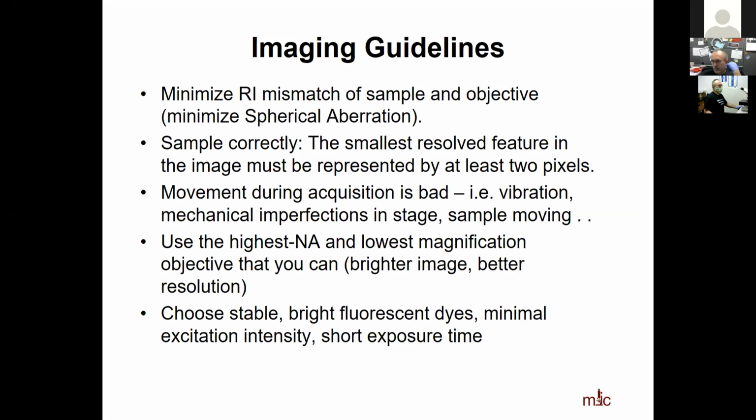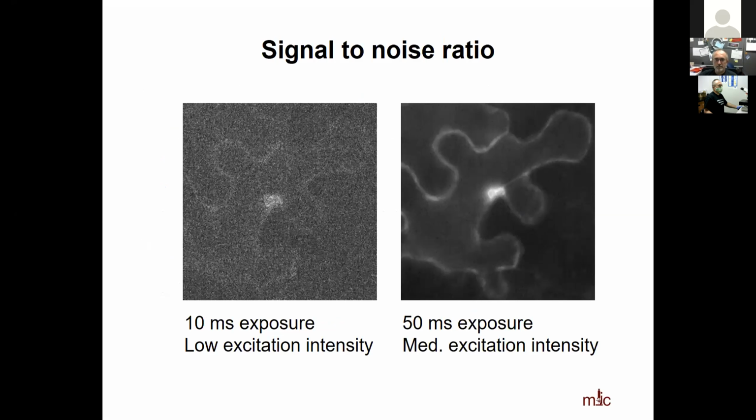So now let's talk about noise. So what is signal to noise? Your signal has to be discernible or detectable above the background of noise. So here is a picture I took earlier this week.